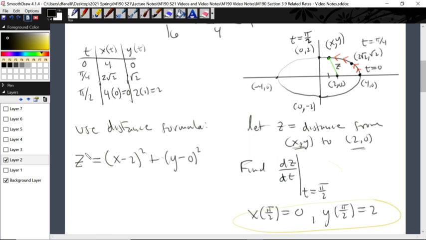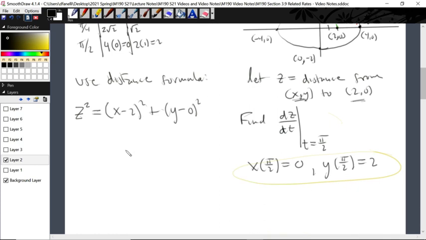But it's going to be easier for us to do the differentiation if we leave it where all these are squared. Then we won't need to take the derivative of a square root. We can leave it in this form. We're going to be taking the derivative here anyway implicitly. So now let's try to find out what dz dt is in general, and then plug pi over 2 into that. To do that, we take the derivative with respect to time of each side of our equation.